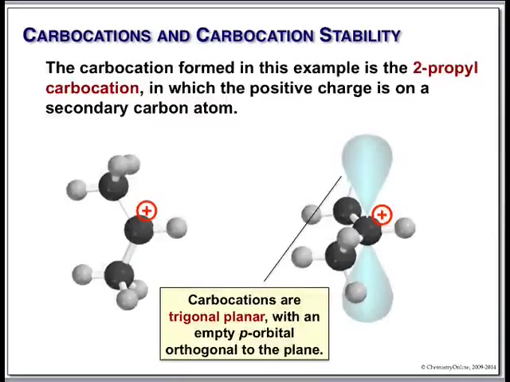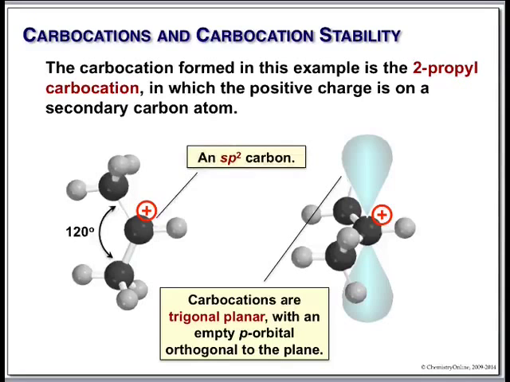So this is trigonal geometry, just like anything else that is sp squared. It has the same sp squared p orbital, but it is empty. This is what a carbocation is. The simple fact is, because it's sp squared, all these angles are 120.